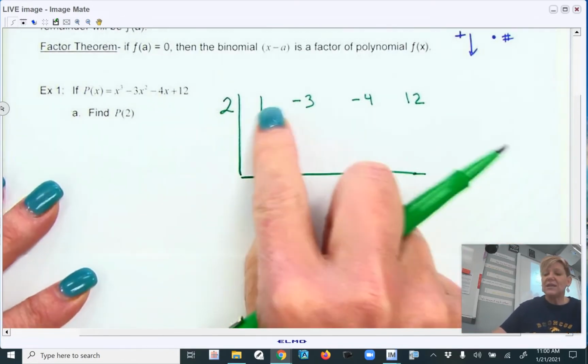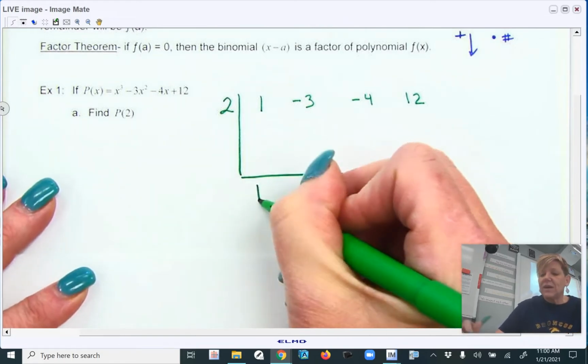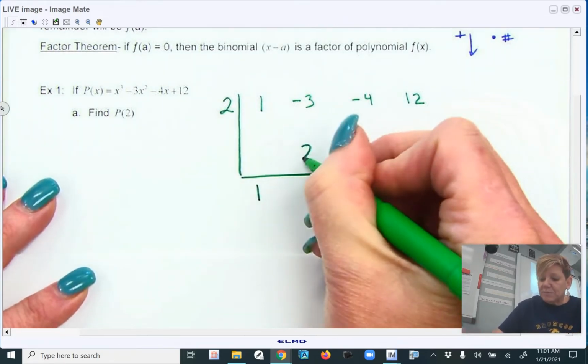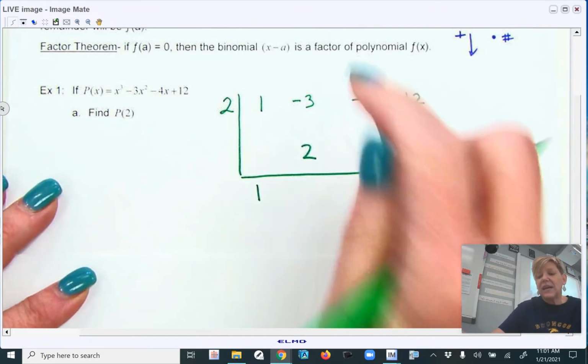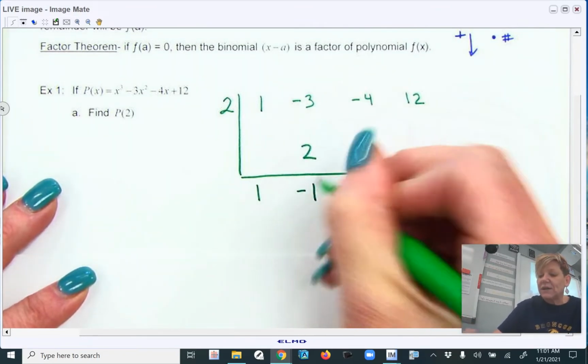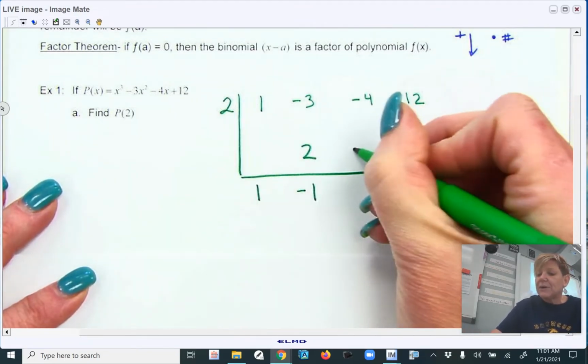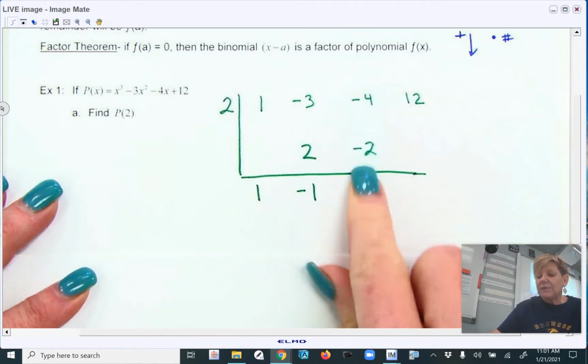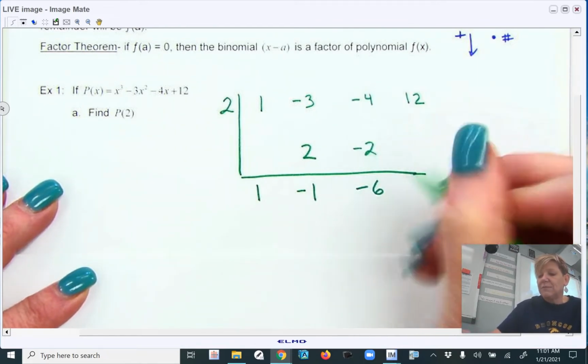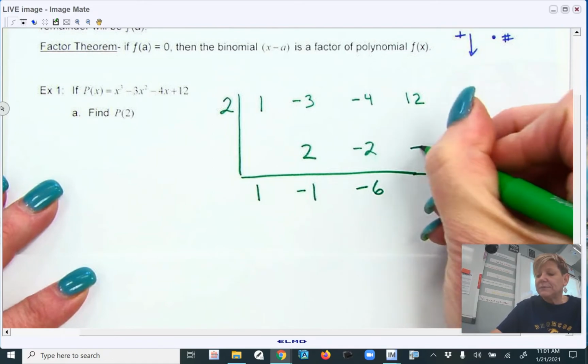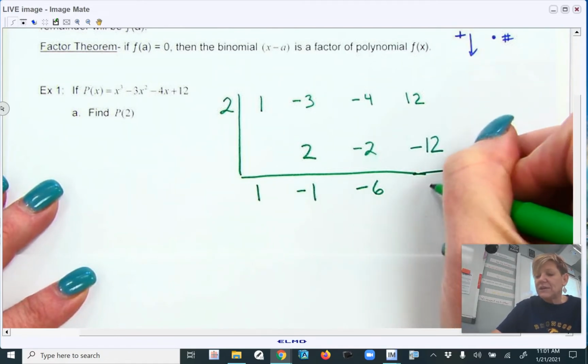All right, so we add down. There's nothing to add to the 1. 1 times 2 is 2. Add down, -3 plus 2 is -1. Multiply by the box number. Add down. Multiply by the box number. And the remainder is 0.